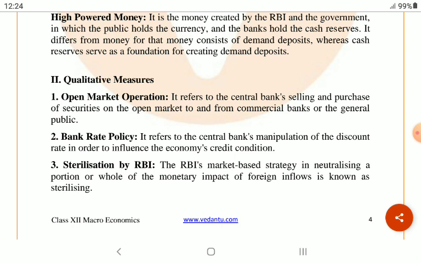Bank rate policy refers to the central bank's manipulation of the discount rate in order to influence economic credit conditions. And sterilization by RBI is the RBI's market based strategy of neutralizing a portion or the whole of the monetary impact of foreign inflow.